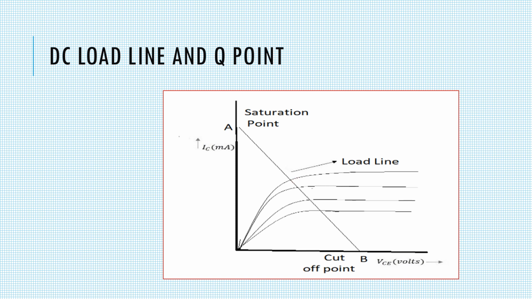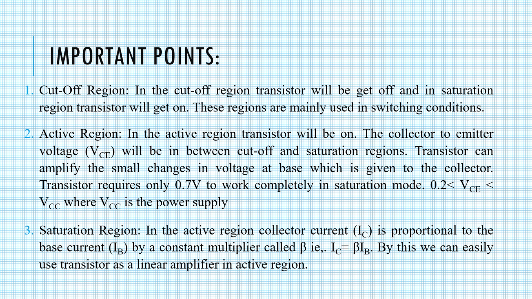Now let us see some of the important terminologies which we have just gone through: cutoff region, active region and saturation region. So what actually is this cutoff region? We have just seen point B, and it is called the cutoff region on the load line graph.